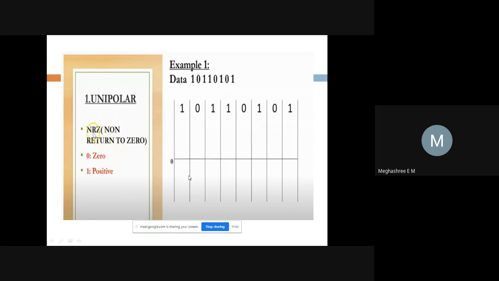So you have to present the data on one side only.